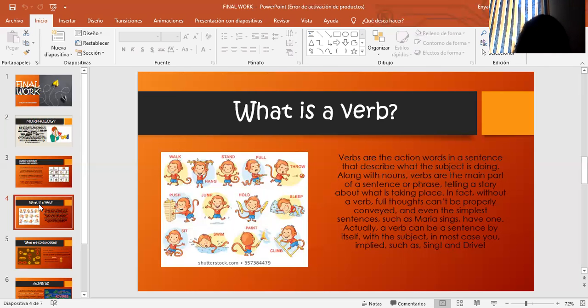We have stative verbs, which can be recognized because they express a state rather than an action. The phrasal verbs aren't single words.